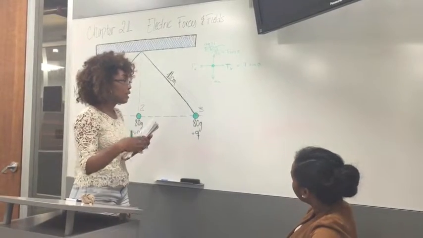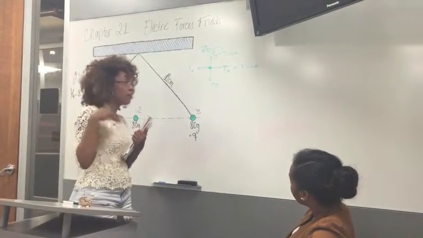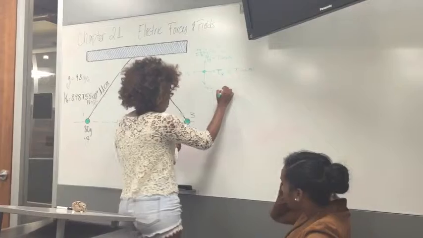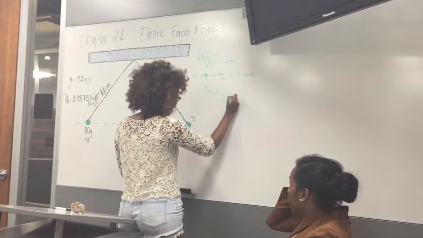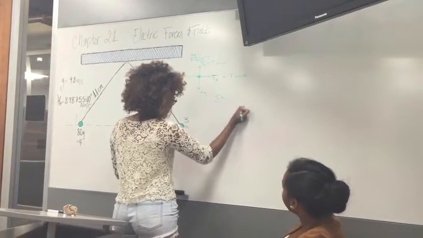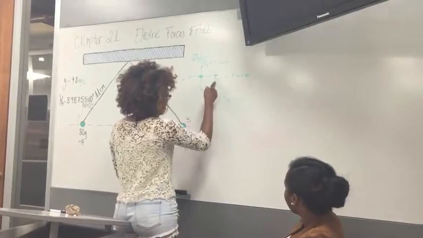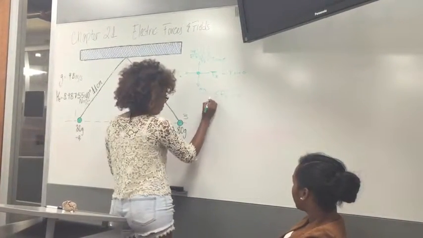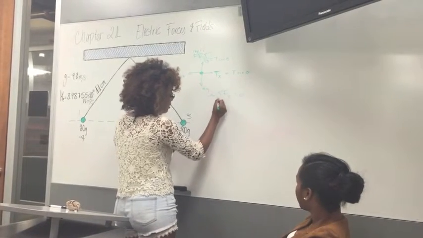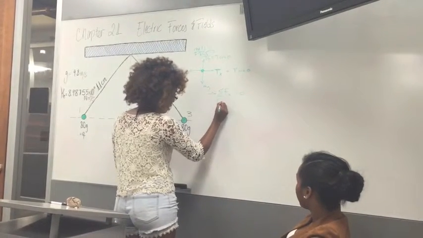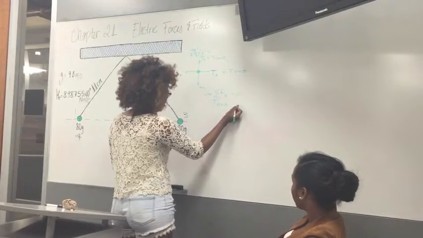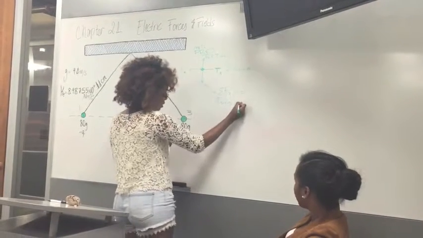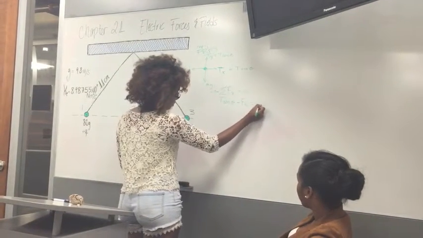So if we're going to sum all these forces up in the x and y direction, when you sum F of x, you would get 0, and that would be equal to this one and this one. So our sign convention is going to be to the right is positive, so that means it's going to be T sine theta minus FC is equal to 0.